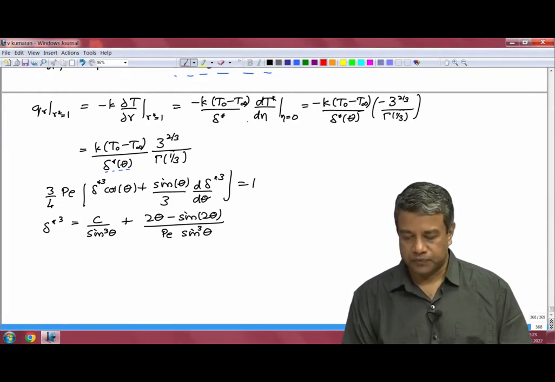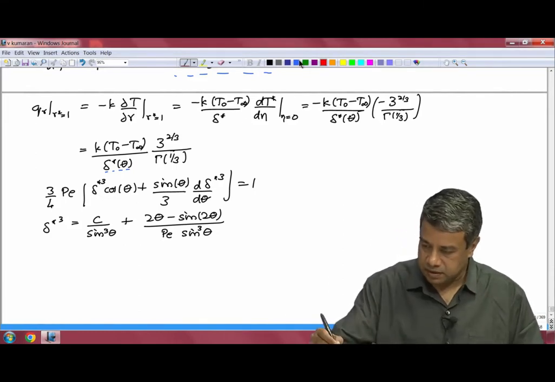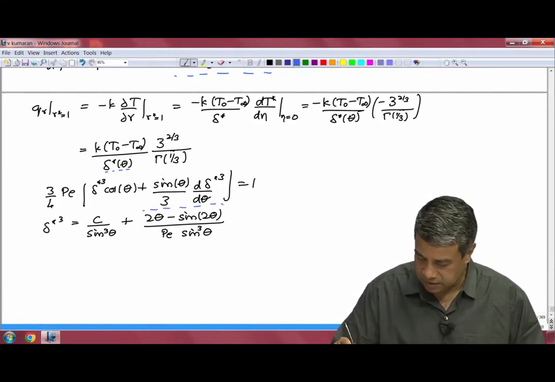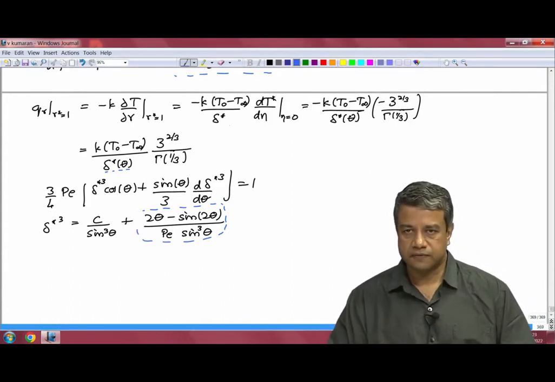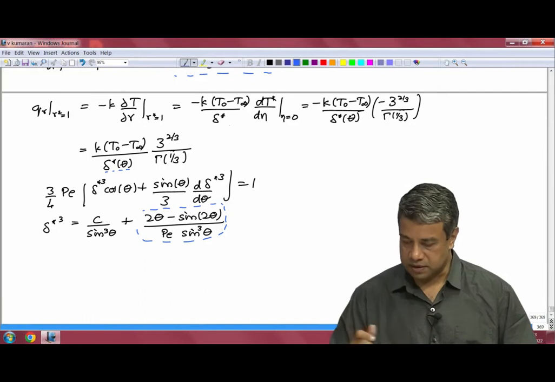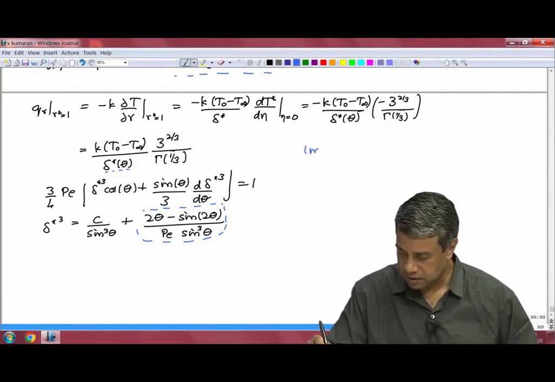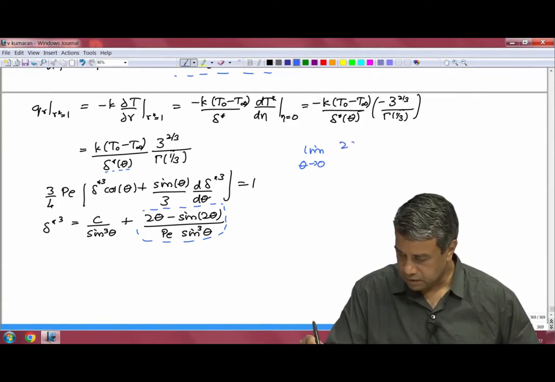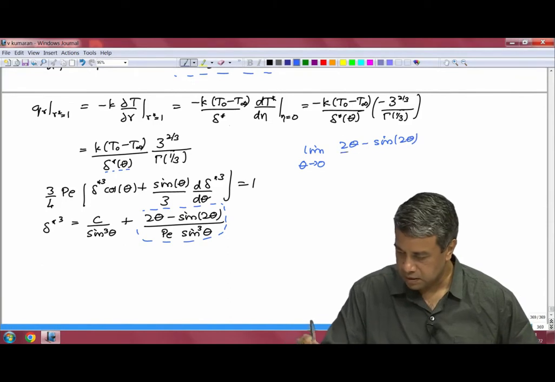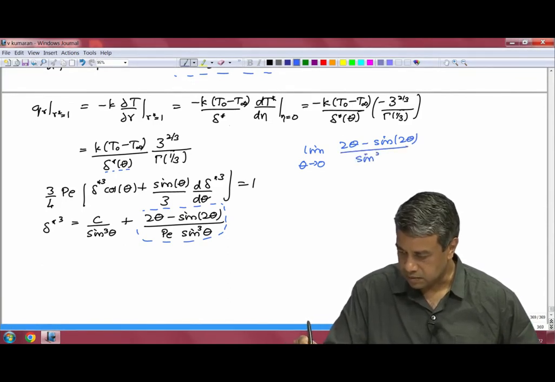Now, if you look at the second term here, this second term is finite at theta equal to 0, because of the limit as theta goes to 0 of 2 theta minus sine of 2 theta by sine cube theta.